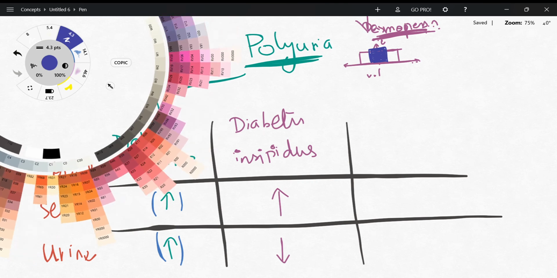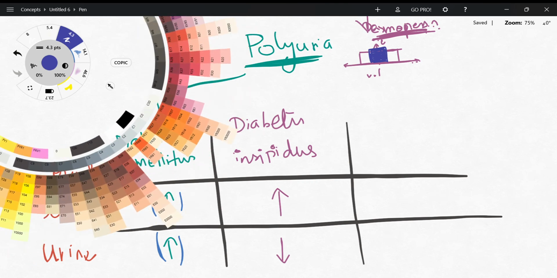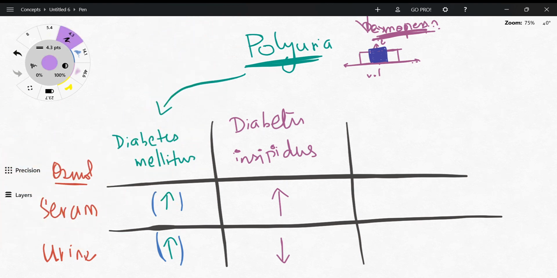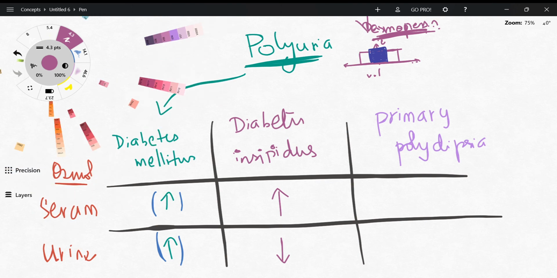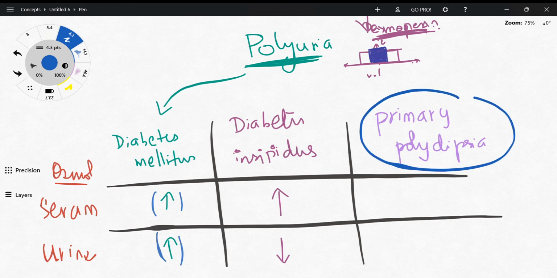Now, the final cause of polyuria is going to be primary polydipsia. So this could be psychiatric, or it could be a side effect of a medication that the patient is on.